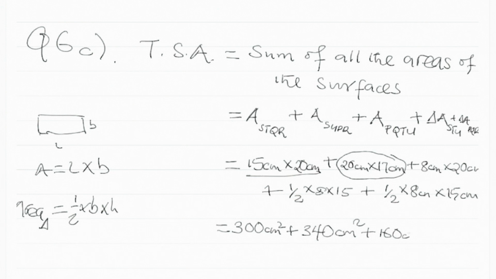Plus what is 8 times 15? You can start by dividing: half of 8 is 4. Then 4 times 15 gives you 60 square centimeters. And since those triangles are the same, you have also 60 square centimeter on the other triangle.